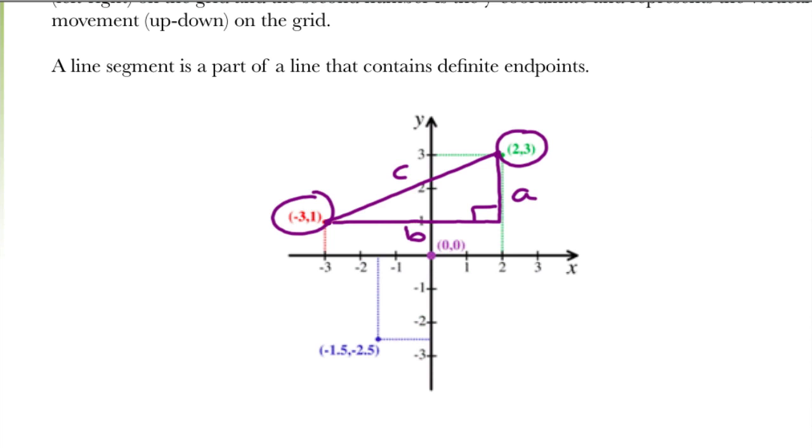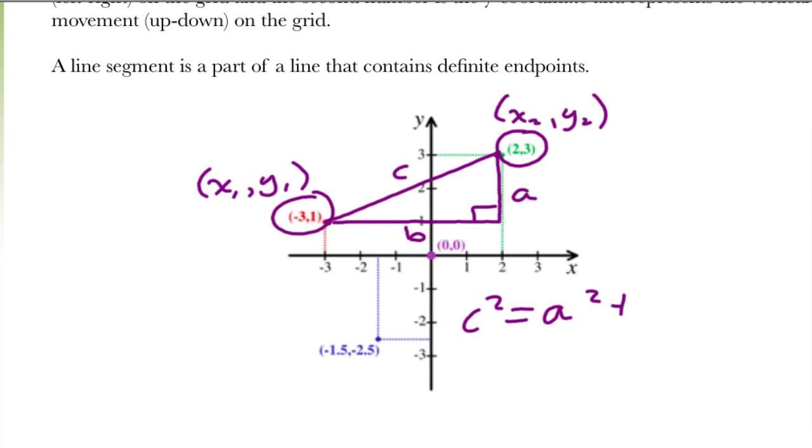So what I might do is make this ordered pair here x1, y1, and this ordered pair here x2, y2 as the second ordered pair. Thinking back to the Pythagorean theorem, c squared equals a squared plus b squared, I want to show you where the formula will come from that you're going to use for this lesson.